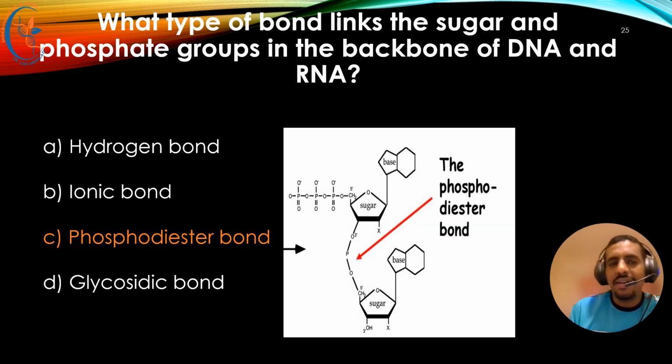As I said earlier, the bond that links the sugar and phosphate group in the backbone of DNA and RNA is called a phosphodiester bond. This bond is formed between the 3' hydroxyl group of one sugar molecule and the 5' phosphate group of an adjacent sugar molecule, creating the repeating sugar phosphate backbone.